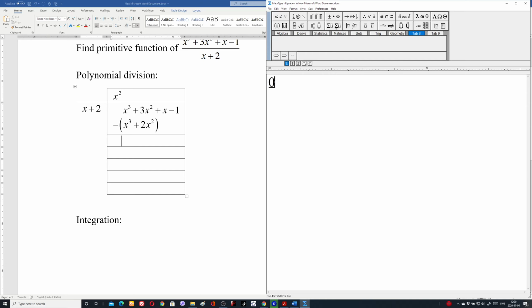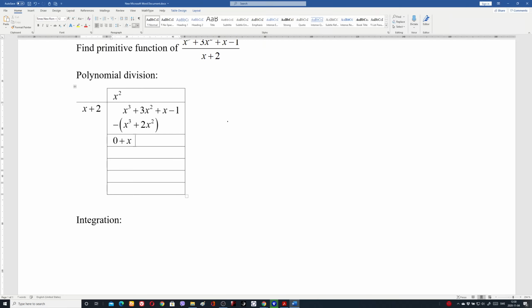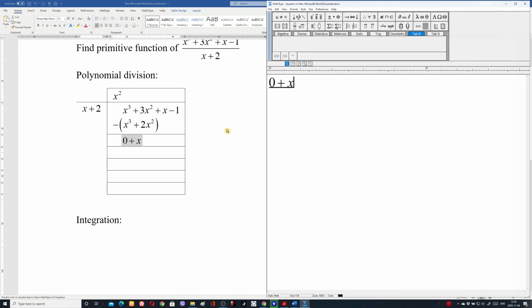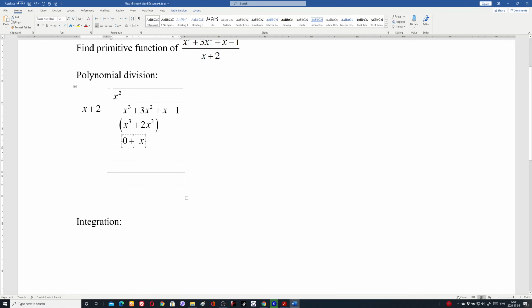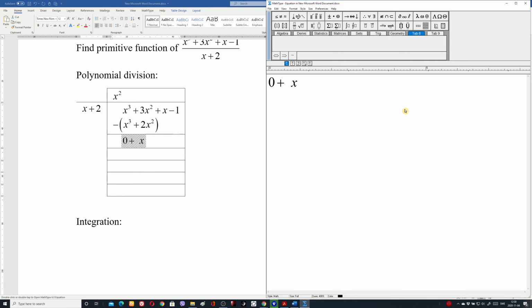After that, 3x power 2 minus 2x power 2 is just plus x power 2. This gives x power 2, and we have the plus x here and minus 1.